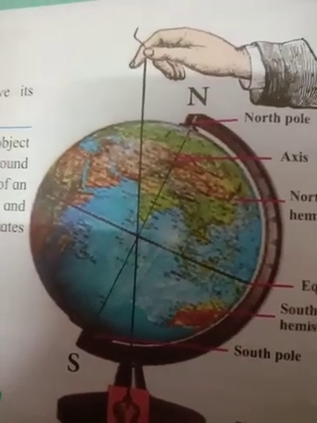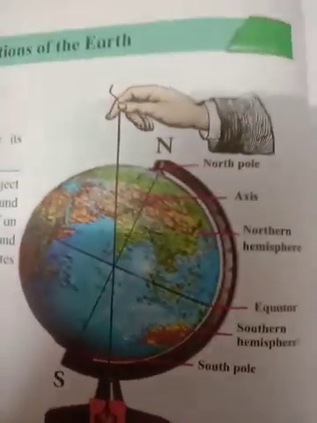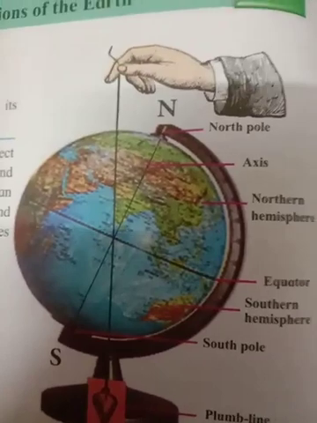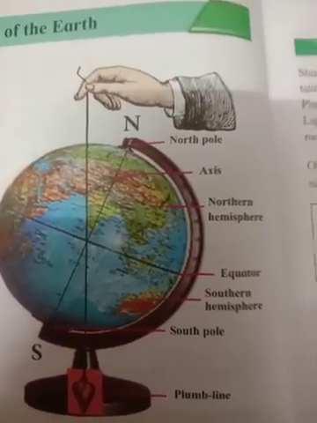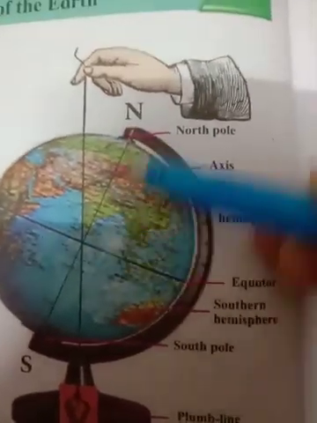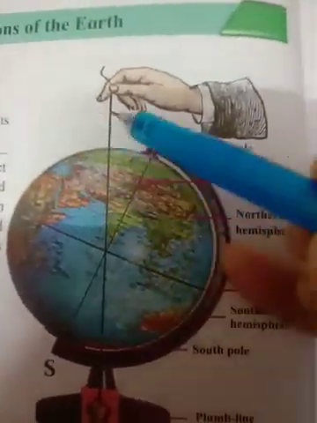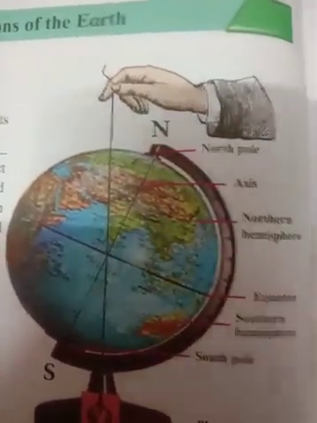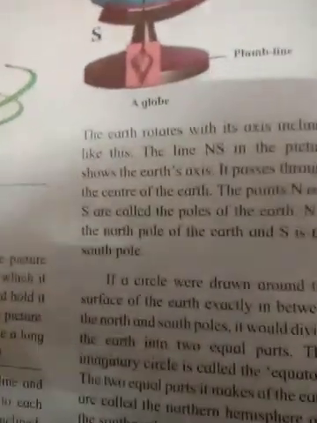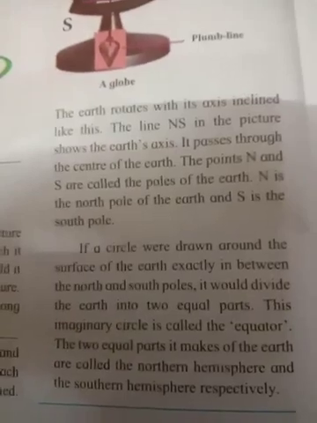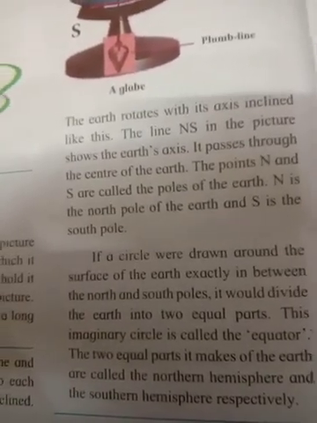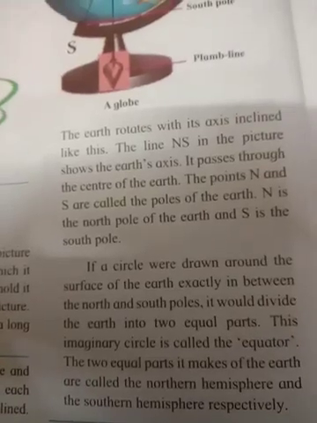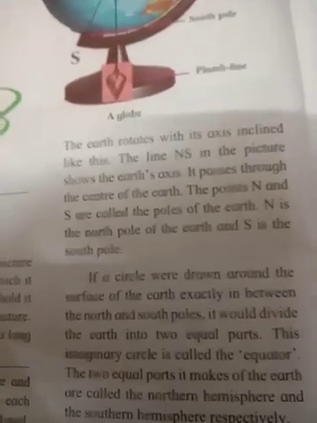That means our Earth is slightly tilted or inclined. Correct children? You can see an angle. It's an acute angle. The Earth rotates with its axis inclined like this. Inclined means it's slightly tilted.